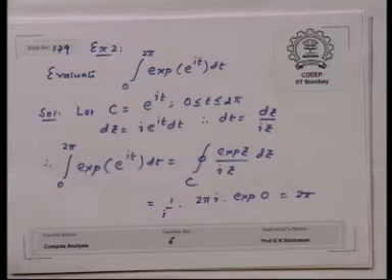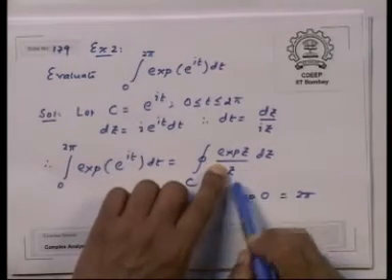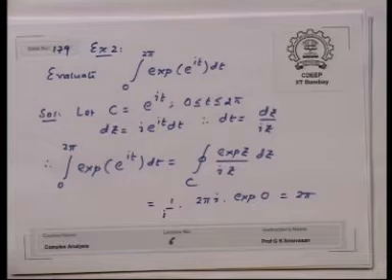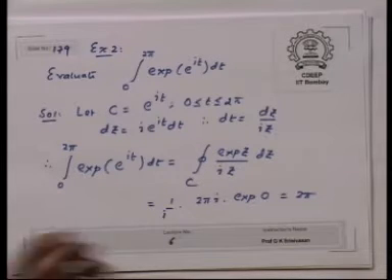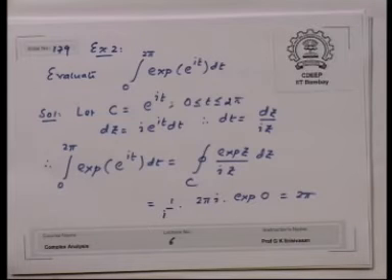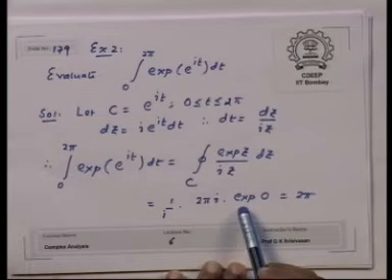The i comes out, and then you simply apply the Cauchy formula. What is your function now? The exponential function is analytic everywhere, and so you are looking at f(z) dz upon z minus a. What is your a? 0. What is your f(z)? e to the power z, that is it.